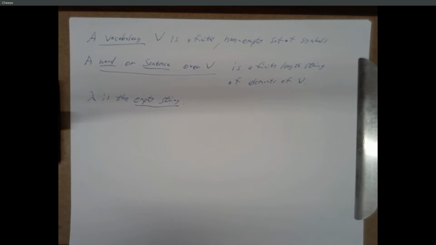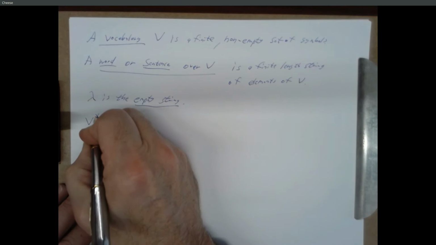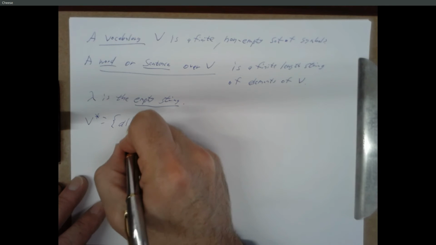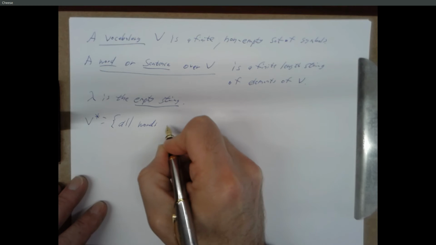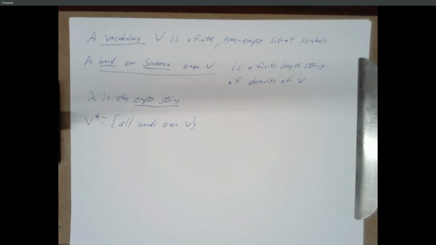So a string that contains no characters, we call that lambda. V with an asterisk after it is the set of all words over V, the set of all finite length strings comprised of elements of V. That's the same star you see in regular expressions, by the way, if you're in 224.